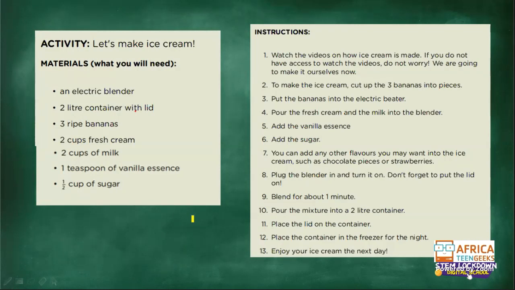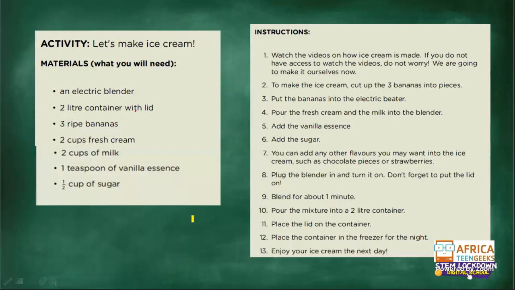Now, as I read these ingredients, already think in your head which of those are solids and which of those are liquids, because in this experiment, we're going to see what changes here. Okay, what change of state takes place. Now, the instructions tell us we can watch a video, but we can't do that right now.